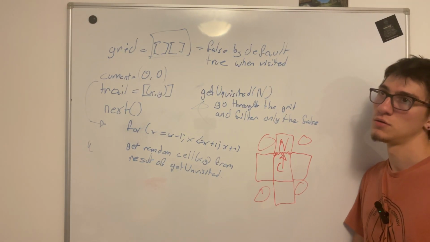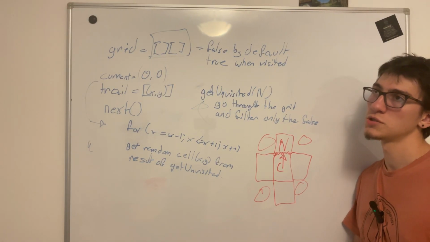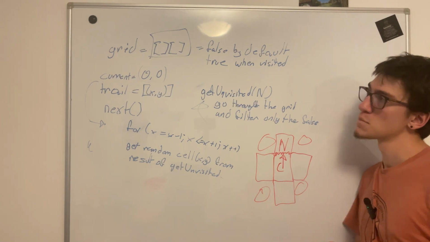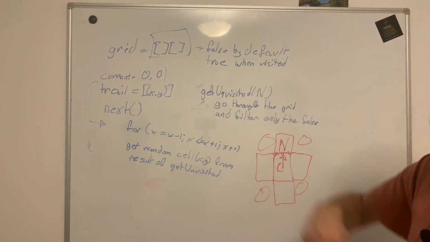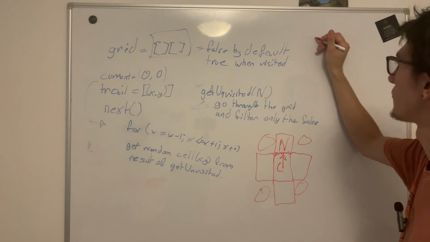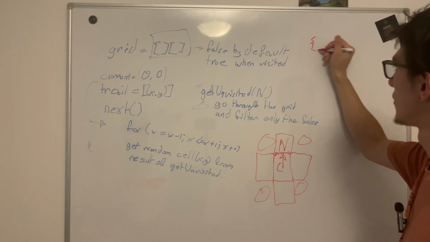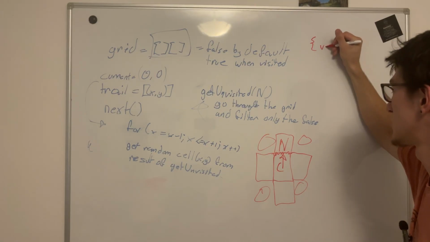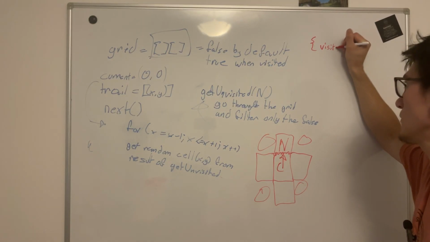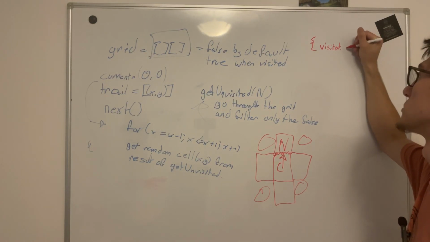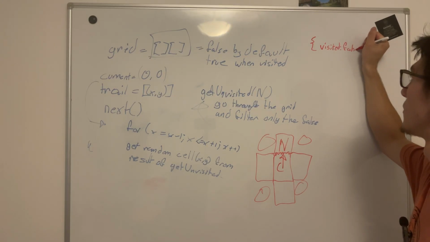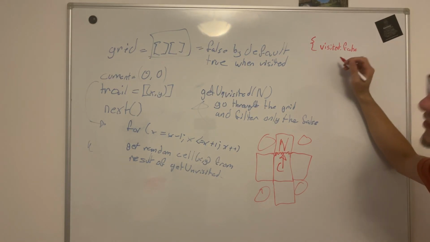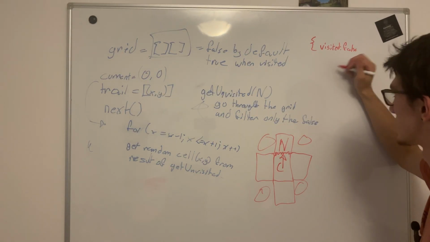Well, we could just have, instead of true or false, some type of object that has visited, which is false by default, and we'll base ourselves on this value instead of just the square itself.